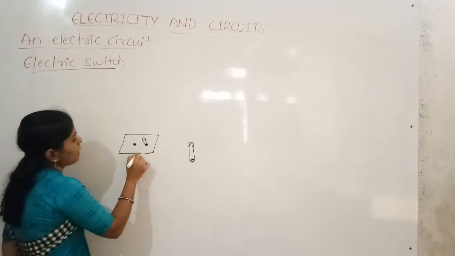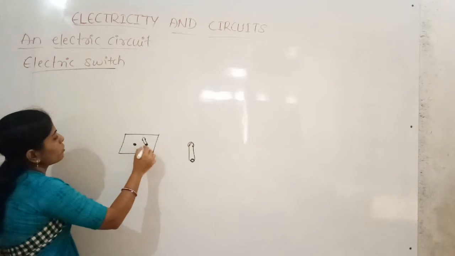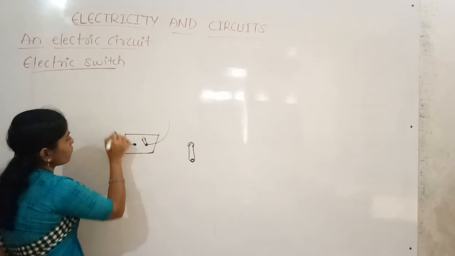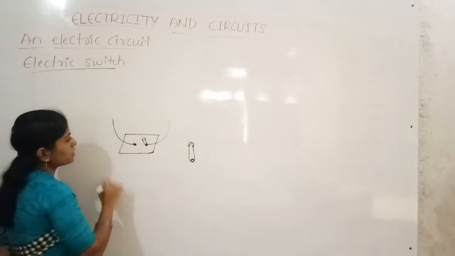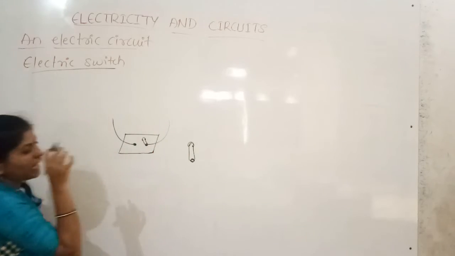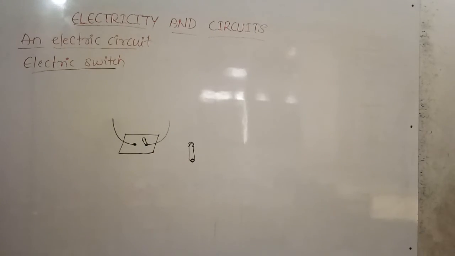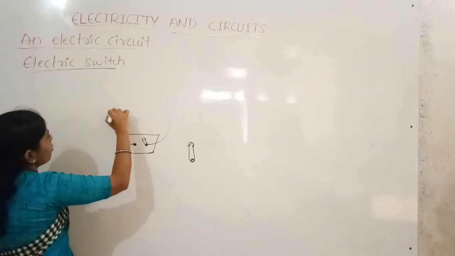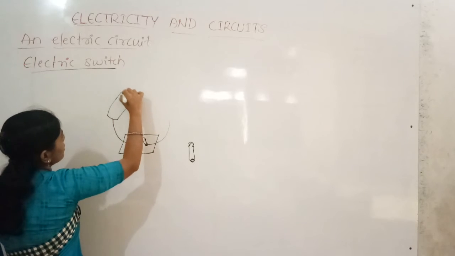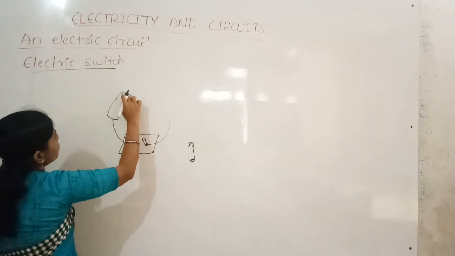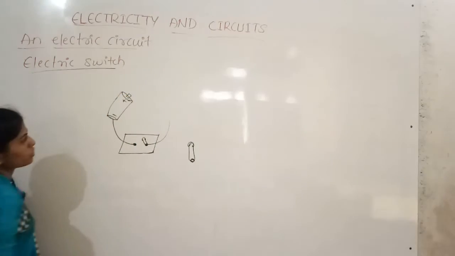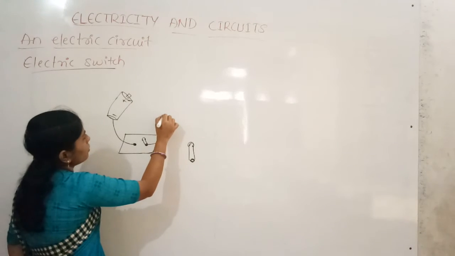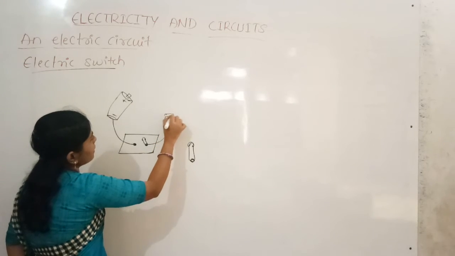And then after this we have to connect the wires here. To these drawing pins we have to connect the wires, and then we have to connect a cell and the bulb. Suppose you have connected a cell here, and this is the negative terminal and this is the positive terminal, and one more, the bulb you can connect in this.